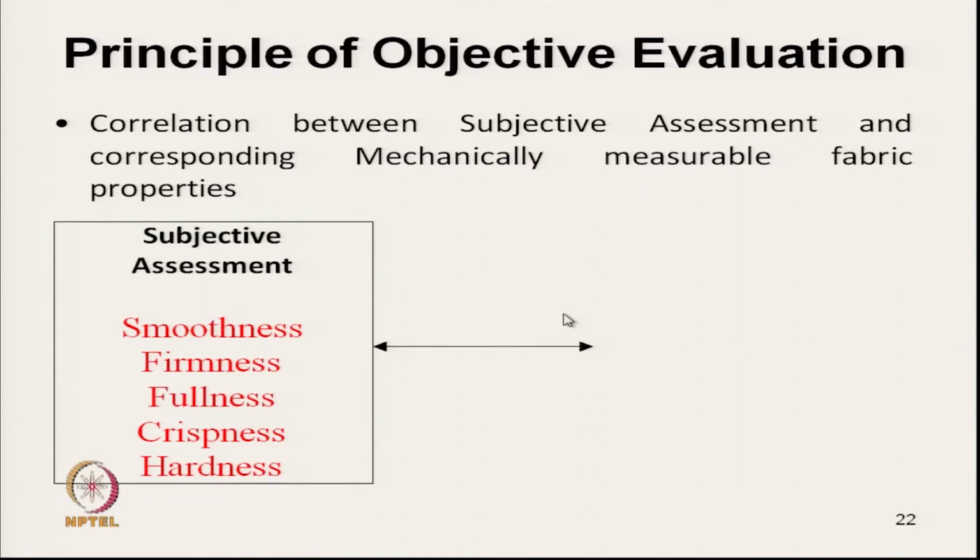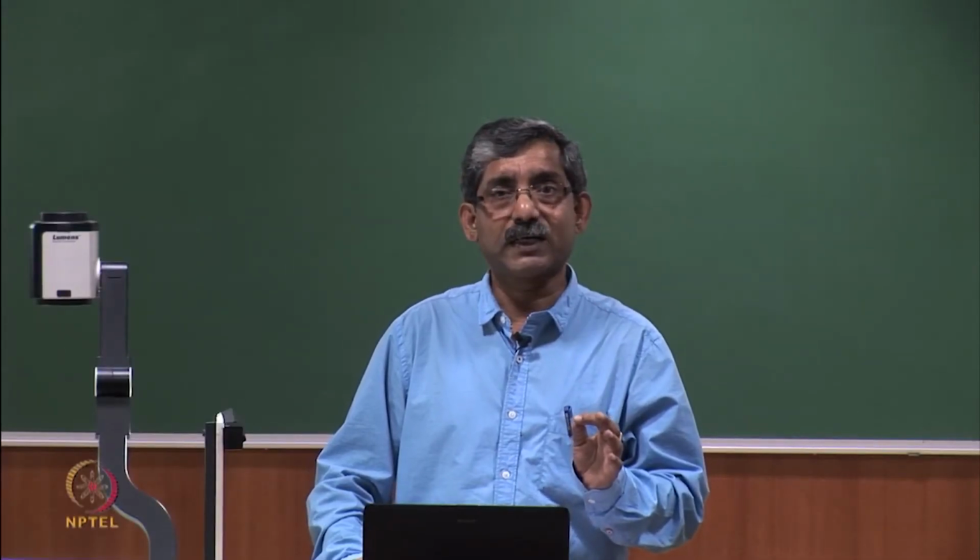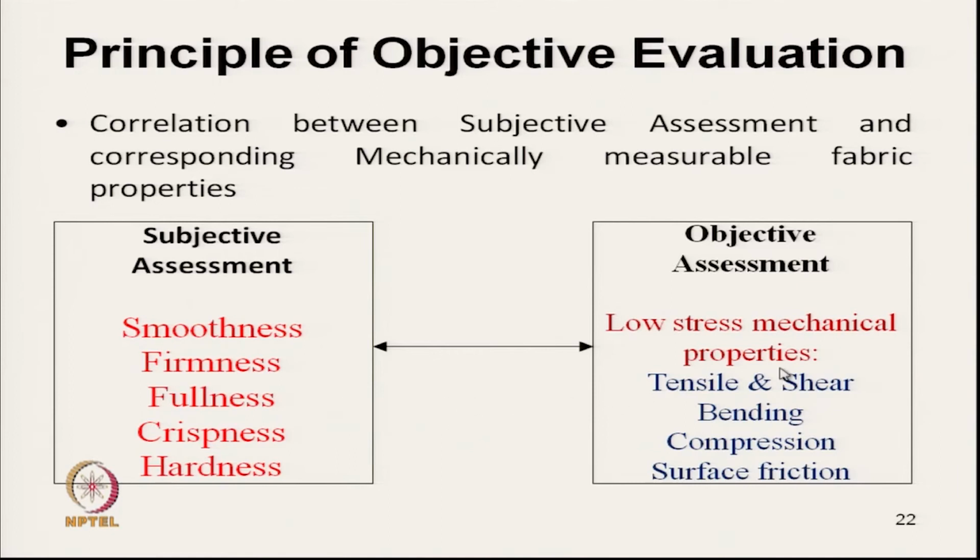These are the subjective assessments like smoothness, firmness, fullness, crispness, hardness. This we can assess subjectively. We cannot measure these directly by objective method, but they are correlated with the objective assessment by low stress mechanical properties.